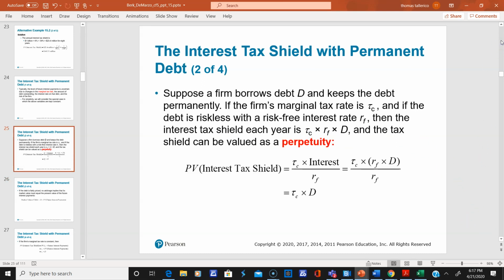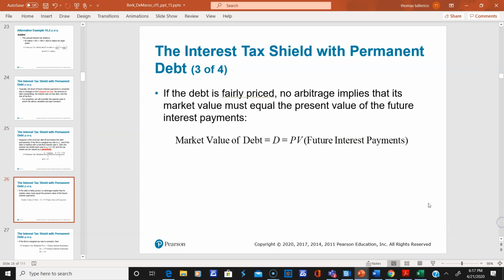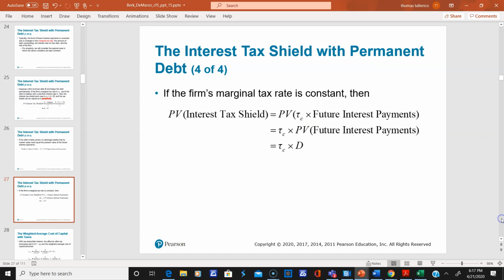So here's the present value of the interest tax shields. The market value is D, and that's equal to the present value of the future interest payments, and this is with permanent debt.